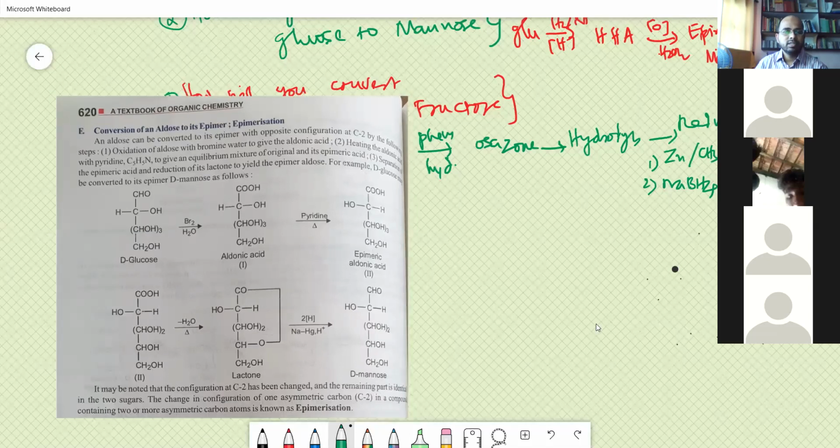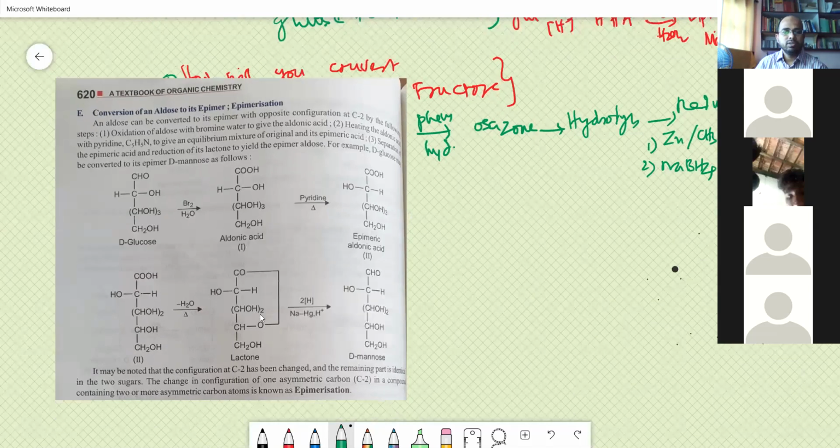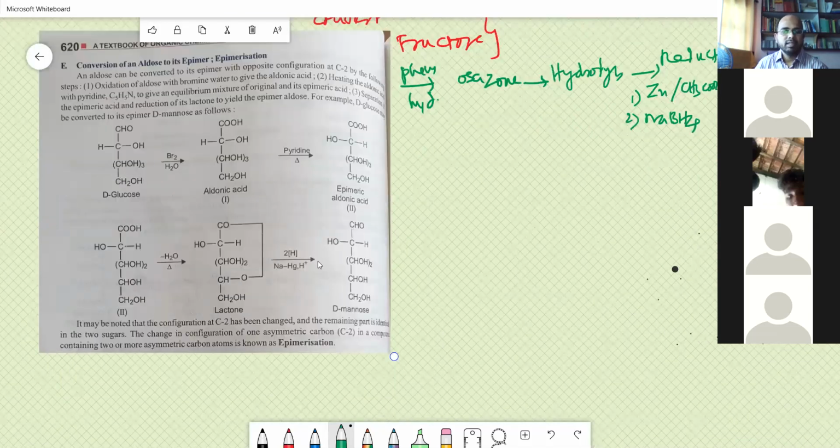Can you see this? Conversion of an aldose to its epimer. This process is epimerization, and that is what the third point is meant there.